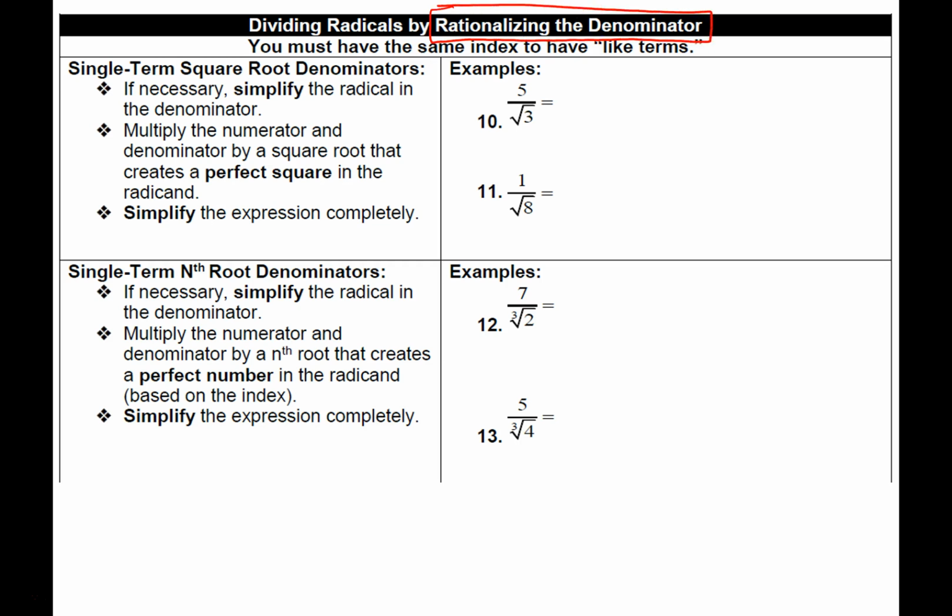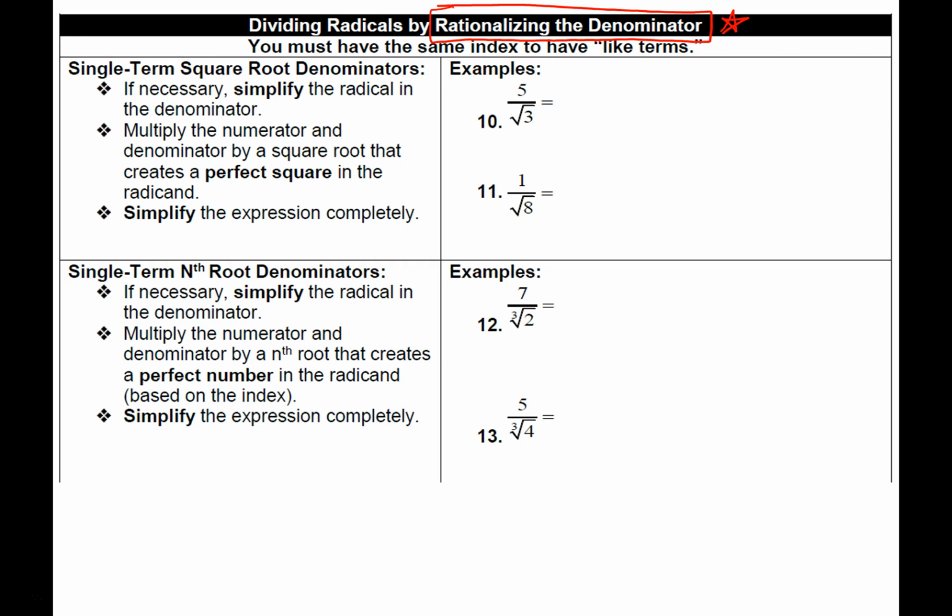So I want you to put a star by it on your paper. Rationalizing the denominator is something that you are going to get really comfortable with over the next couple of classes. All it means is get the radical out of the denominator. You are not allowed to have a radical in your denominator if it's fully simplified. Your final answer can have radicals up top in the numerator, but not down in the denominator.